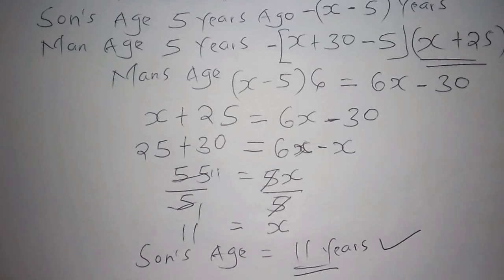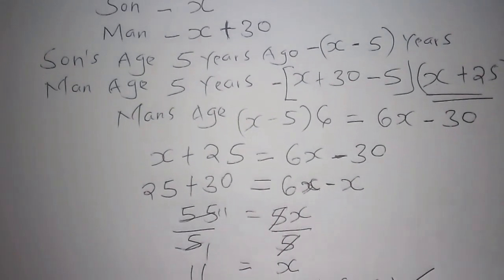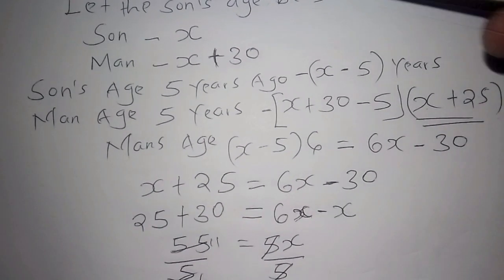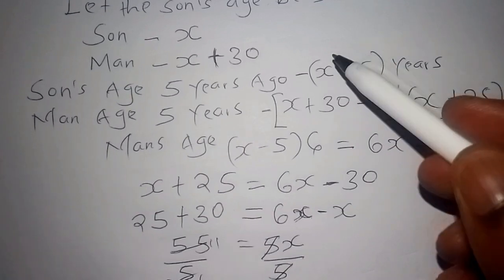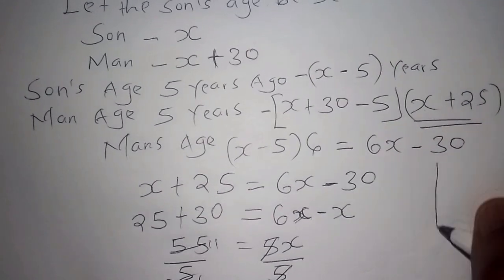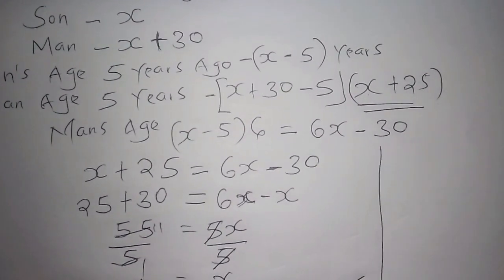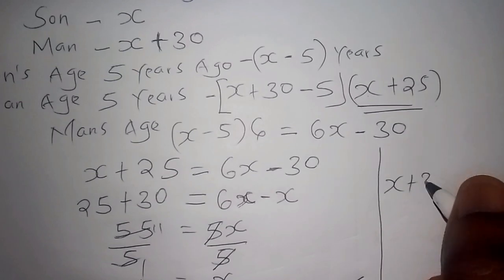So let's now calculate the age of the man as we speak. Initially we've got the age of the man as x plus 30. So I want us to work it here. The age of the man initially was x plus 30.